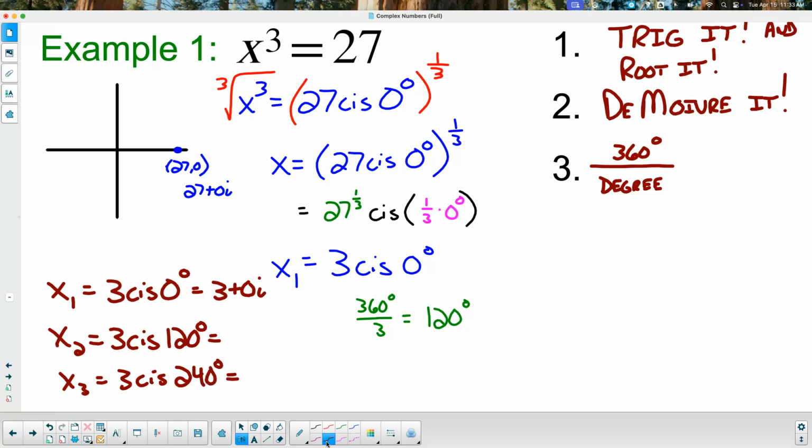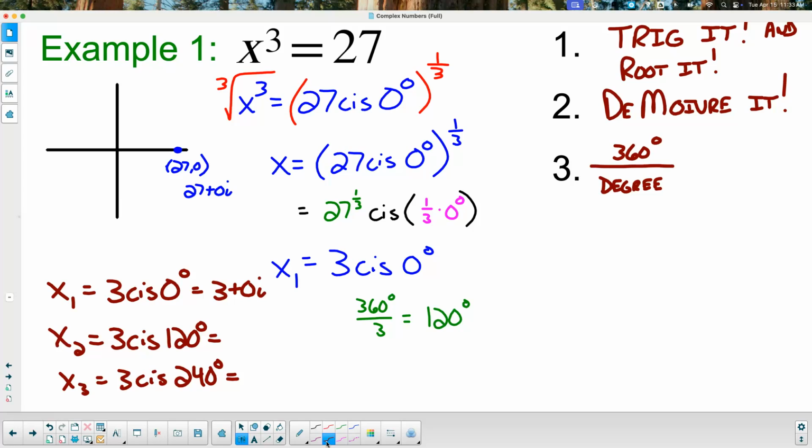I can't go any further because if I add 120 degrees to 240, what do I get? 360, which is right back to the first one. And I've got my 3 roots. Okay? Now you just got to convert them.